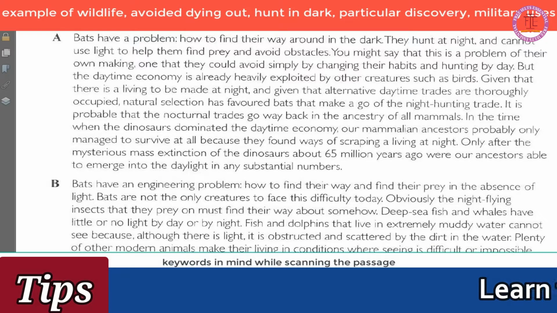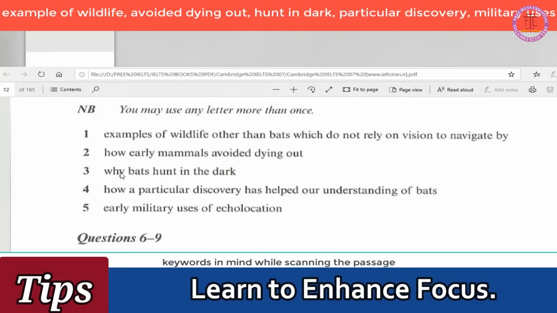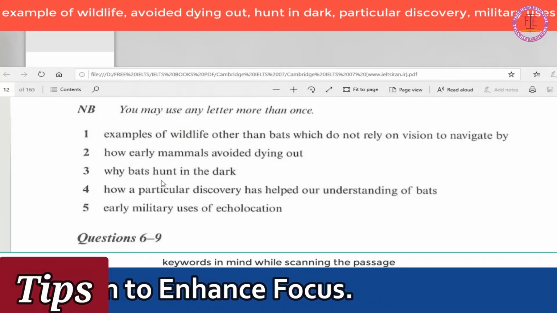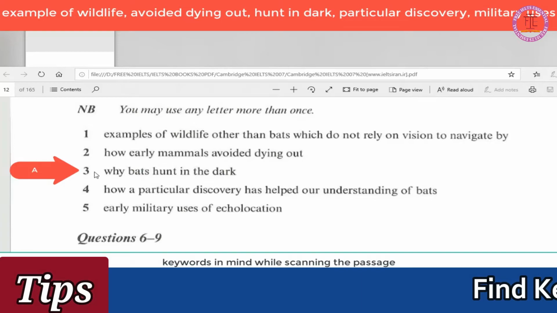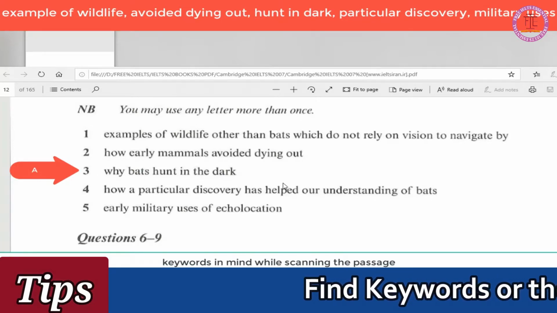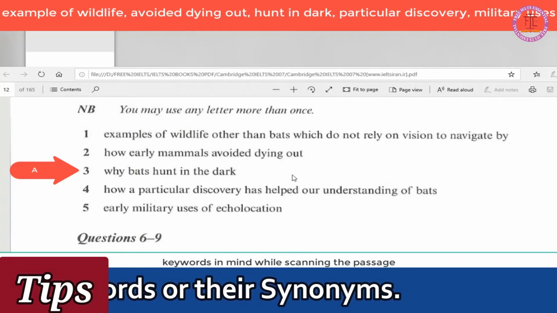So the keyword is there. What about why bats hunt in the dark? This is the answer to question number 3. The answer to question number 3 should be written as the letter A because the information is in passage A.